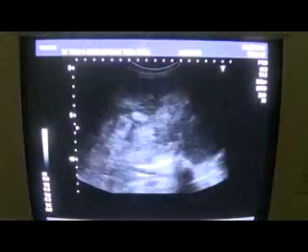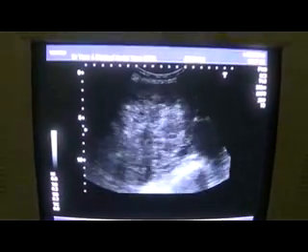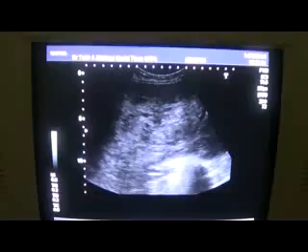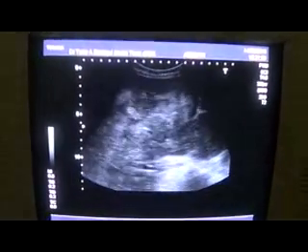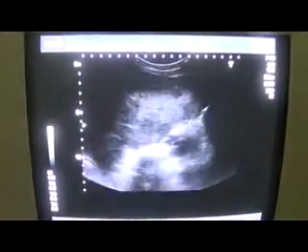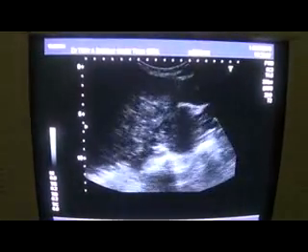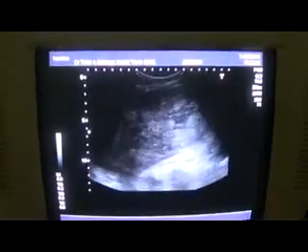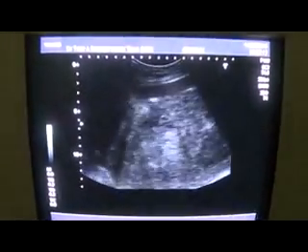Then the differential would have been retained placenta or hydatidiform mole, but as she is not in that age group and there is no history of this sort, her last baby is 15 years of age.